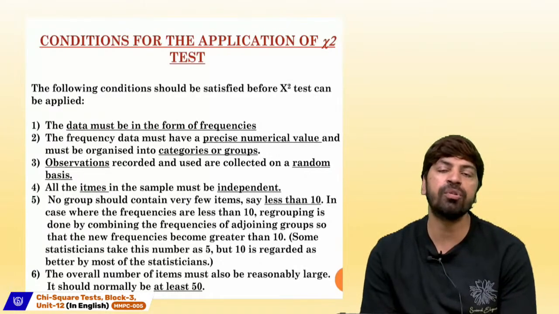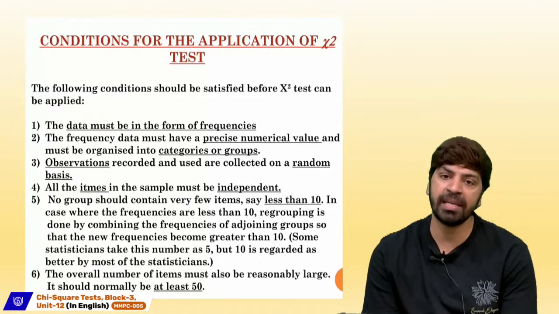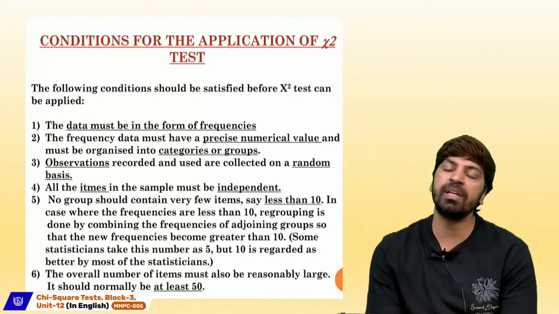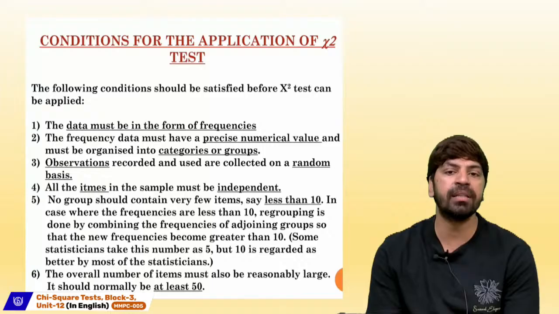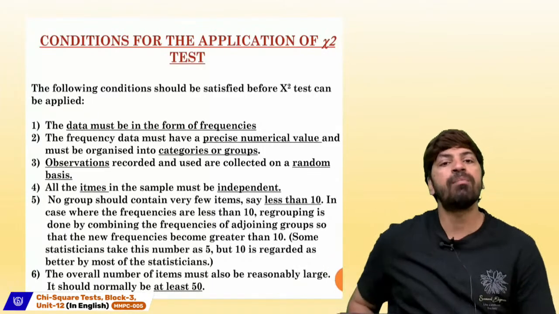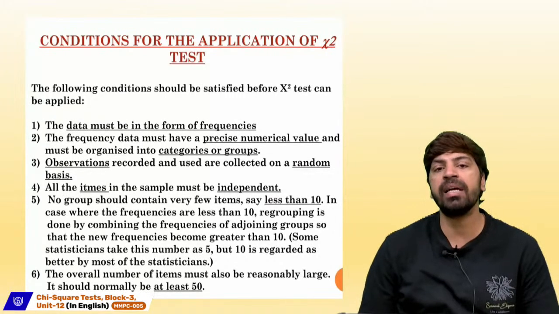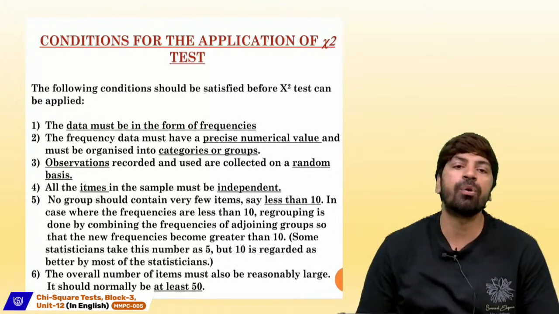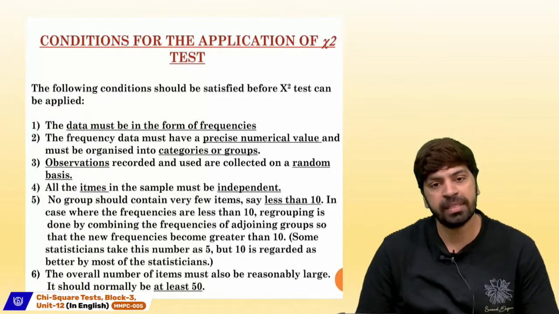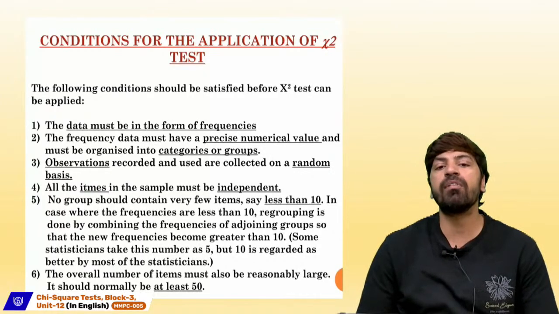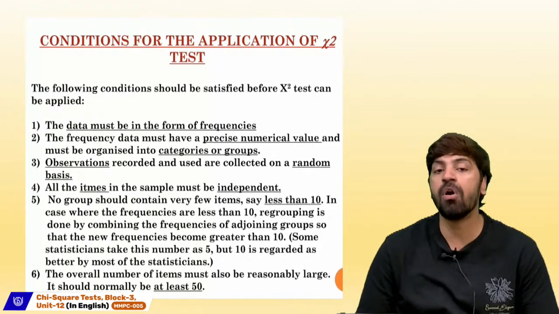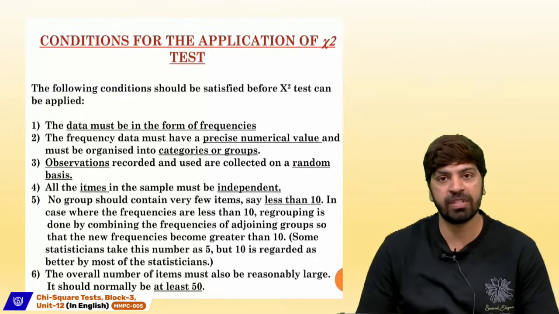No group should contain very few items, maybe less than 10. When the frequencies are less than 10, regrouping is possible by joining adjoining groups so that the new frequencies become greater than 10. The overall number of items must also be reasonably large, and it should normally be at least 50.